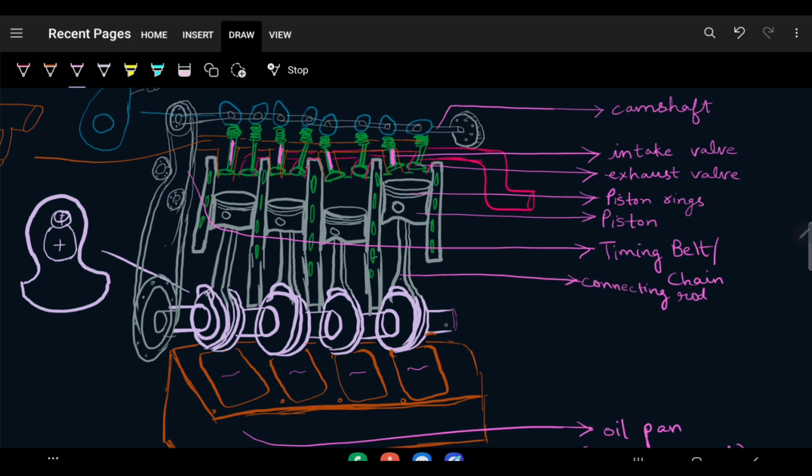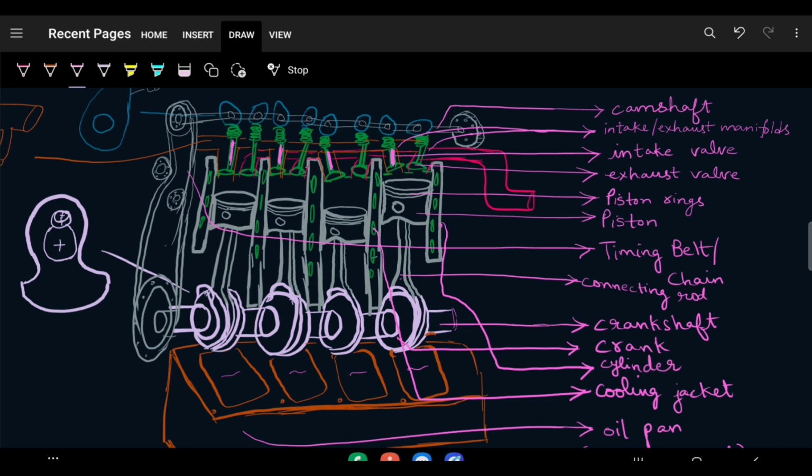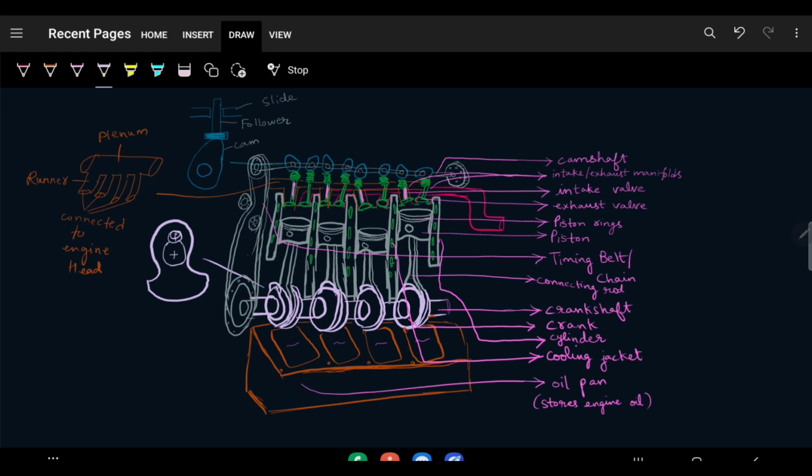Then we have the connecting rod and the crankshaft. We have the crank, and also we have a cooling jacket. Let's understand each part separately. And we have intake and exhaust manifolds, and we have the cylinder, which is the most basic part of an engine.